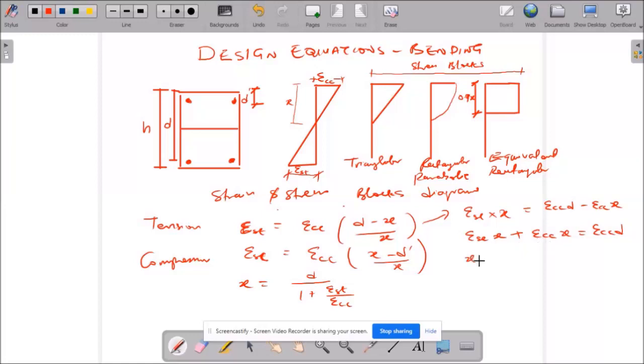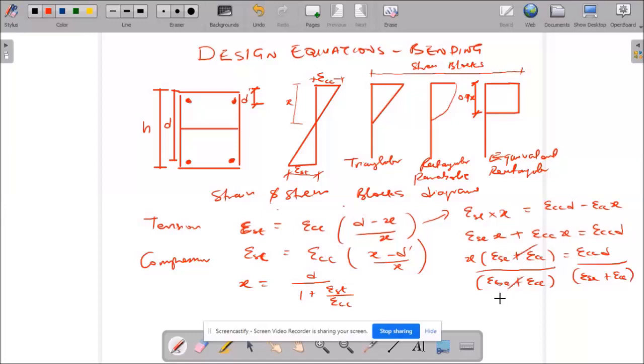We bring out x: x bracket Est plus Ecc is equal to Ecc d. So divide both sides by bracket Est plus Ecc.